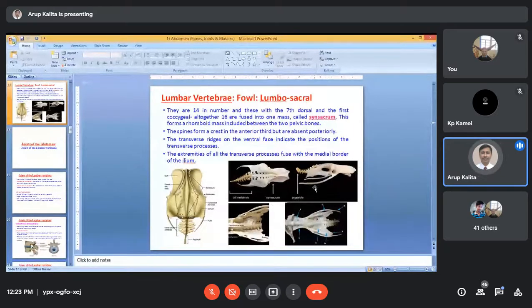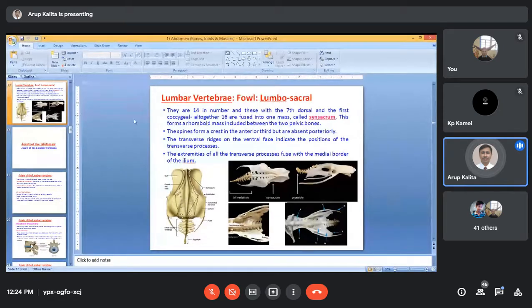Now coming to the lumbar vertebrae of fowl. The lumbar vertebrae is not a separate vertebra in the fowl. That is a difference. The lumbar vertebrae and sacral vertebrae are combined together to form the lumbosacral bone. Here you see, this is the lumbosacral bone, fused together to form a single piece of bone.